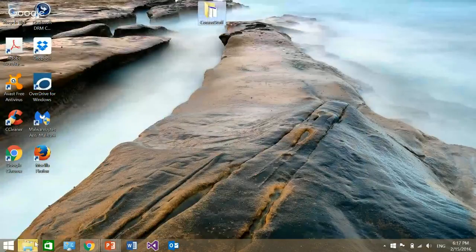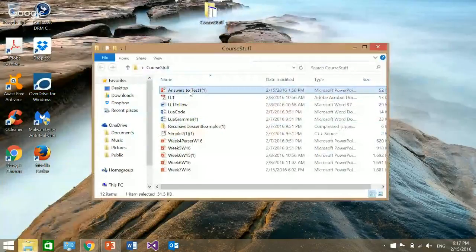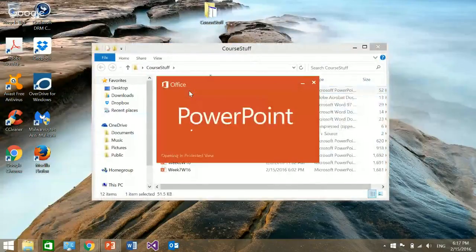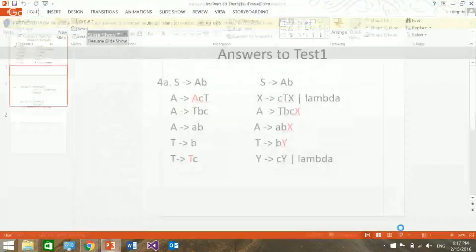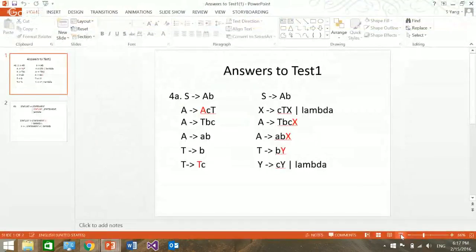Come on, really? Okay, there you go. I posted this, so you should have it. Getting it on the screen. Okay, let's take a look at number 4. I think most of you had problems with that, the left recursion removal.